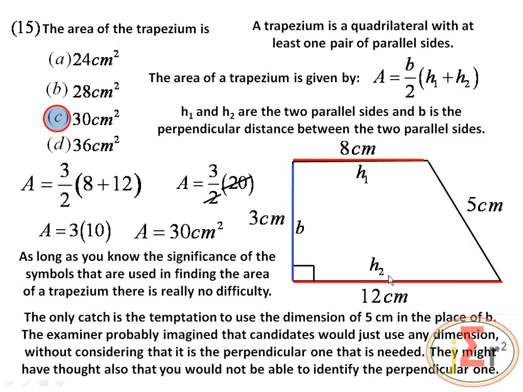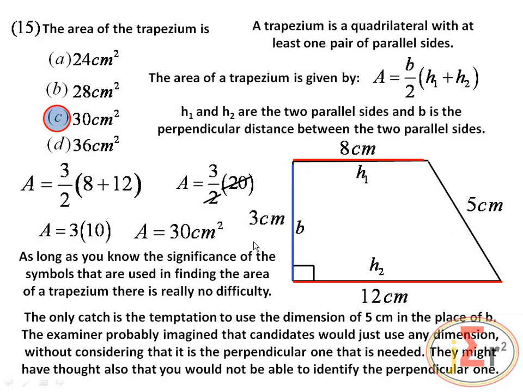Some students might not even know that they are required to put the two parallel sides in a formula like this. So the only catch that we imagine will befall students is that they will not consider that it is the perpendicular distance between the two parallel sides that is needed, and they jump straight ahead and just use any one.